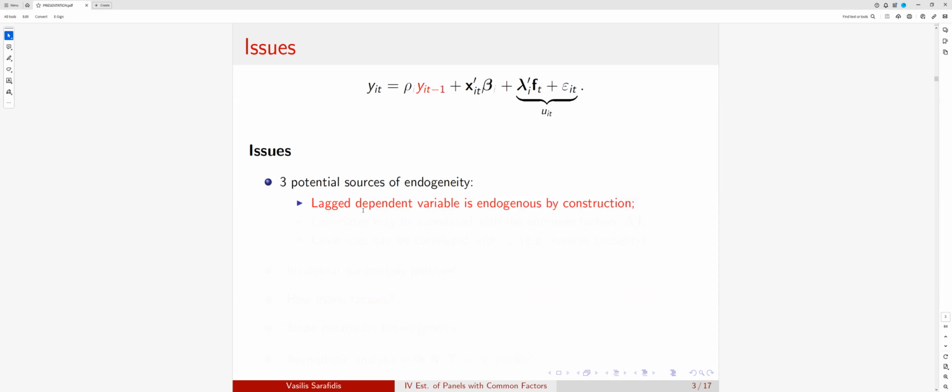So first of all, the lagged dependent variable is endogenous by construction. That is, unless one is willing to impose highly restrictive assumptions, the lagged dependent variable is correlated with the common factor component. And that is for the same reason why in the two-way error components model, the lagged dependent variable is correlated with the individual fixed effect.